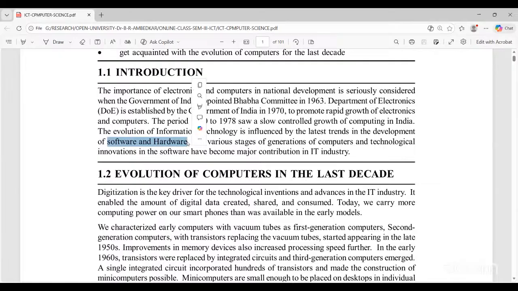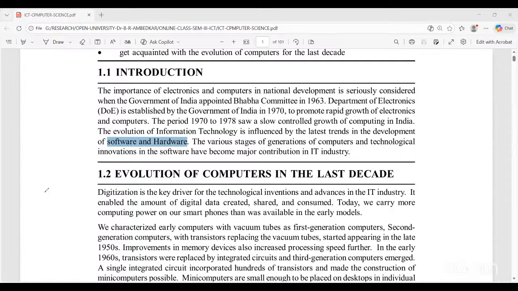Now, what is software and what is hardware? The hardware we can physically touch and feel. For example, your mobile device, you can touch and feel. That is hardware. Any physical component that you can touch and feel comes under hardware.